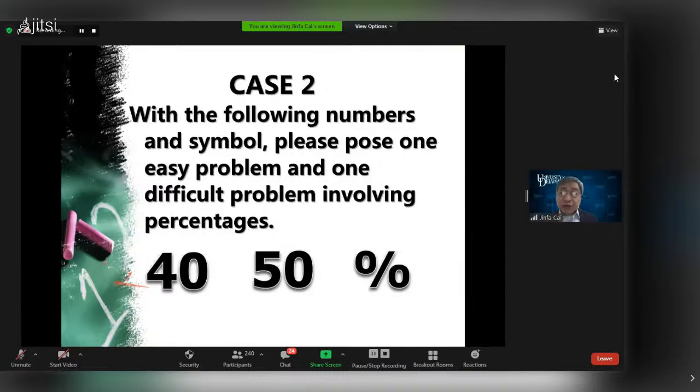Then once they have posed 2 problems, the teachers ask students to present their problems on the board. Then, according to the percent problems, they divide them into different categories.